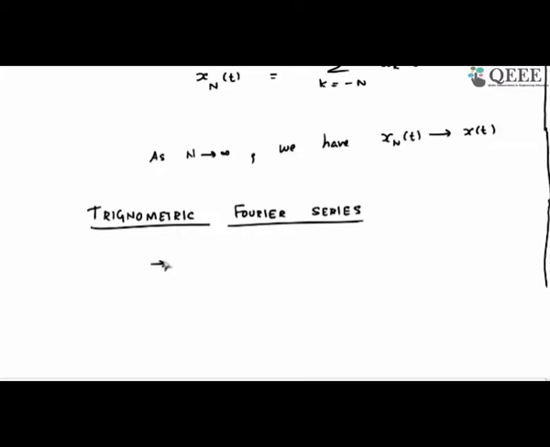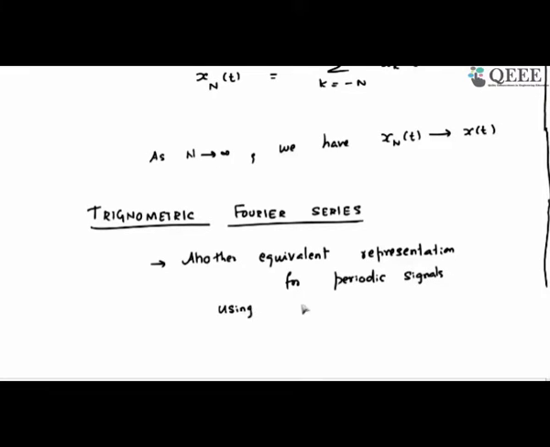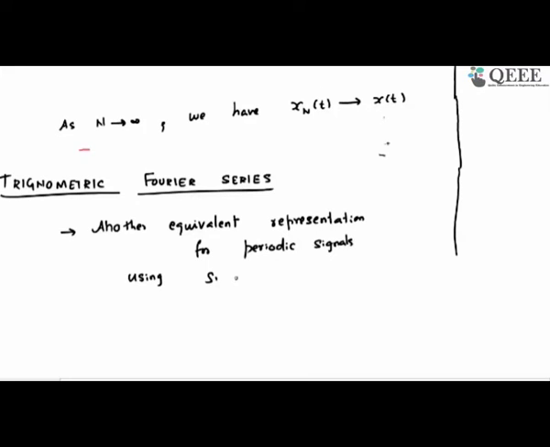This is again another equivalent representation for periodic signals using sine k omega naught t and cos k omega naught t.